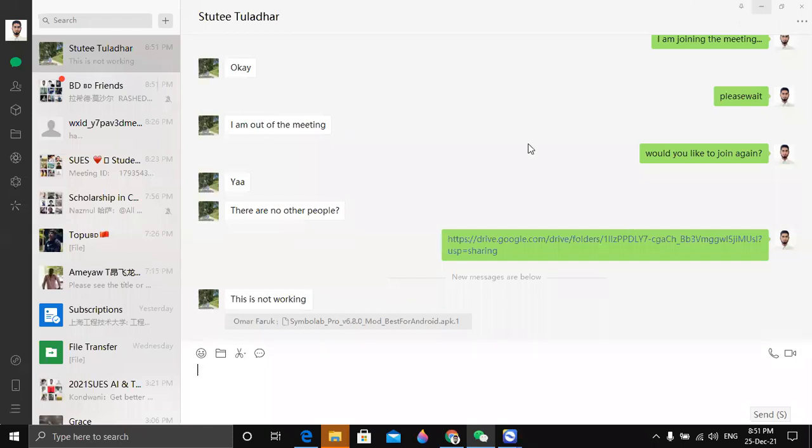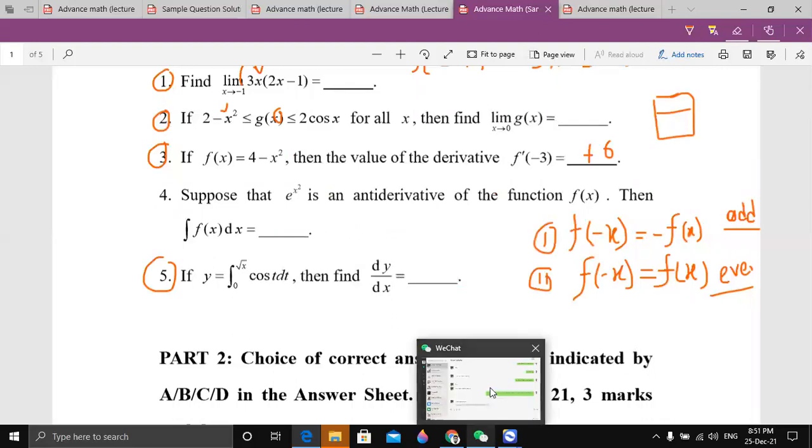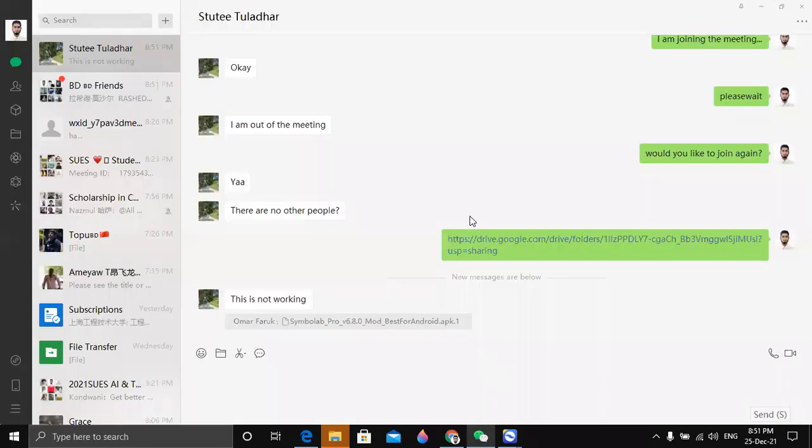So, Alamin, can you understand? Istuti, can you understand? No. Okay, so I will explain again. And about the apps, you just need to switch on some permission.